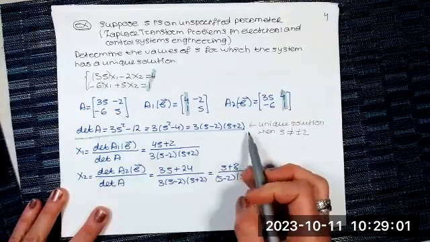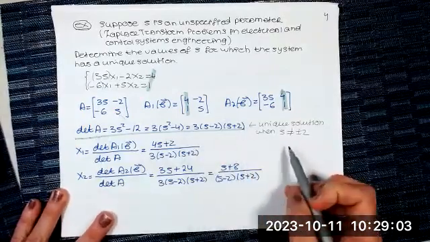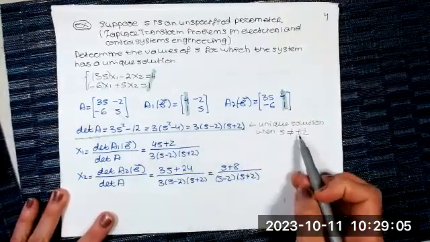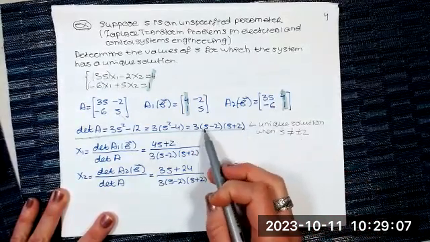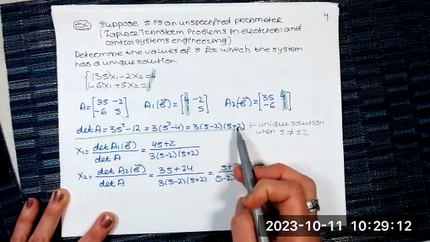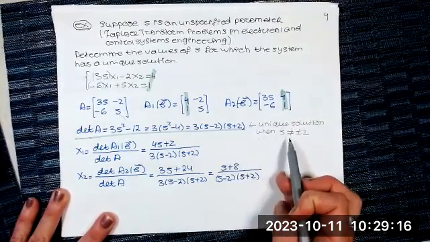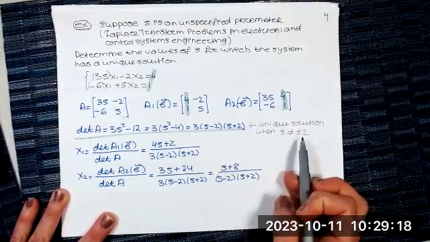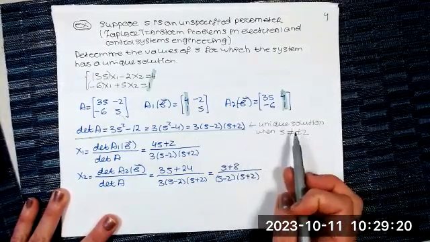So I definitely don't want s equal to plus or minus 2, because if s is 2, this is 0, and if s is minus 2, this is 0. So for the determinant to not be equal to 0, I need s to not be equal to plus or minus 2 to have a unique solution.